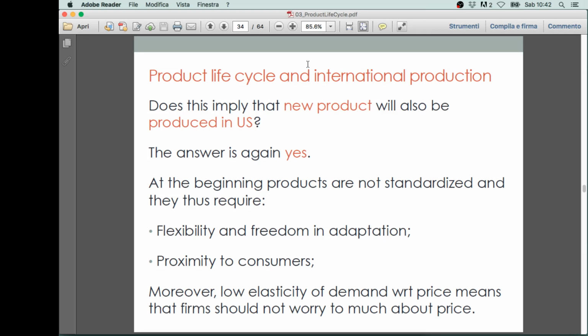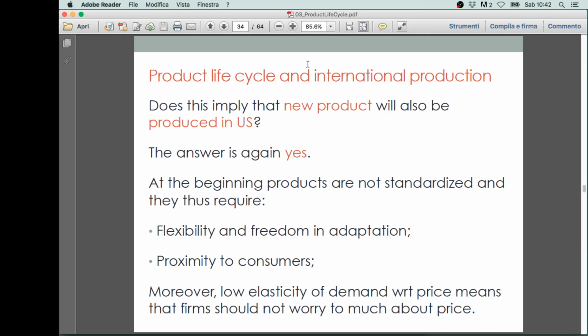Moreover, another important factor that explains why the initial production phase is likely to be established in the US is the fact that US average consumers are fairly rich, with high income per capita, which implies that the elasticity of demand of US consumers with respect to price at the beginning is relatively low.